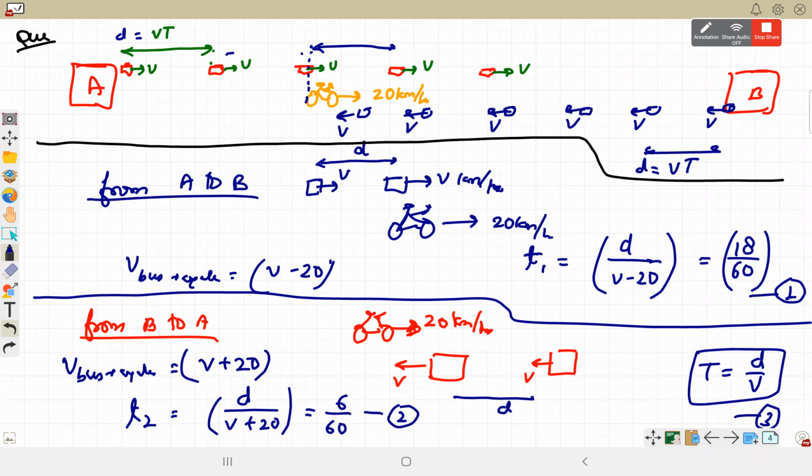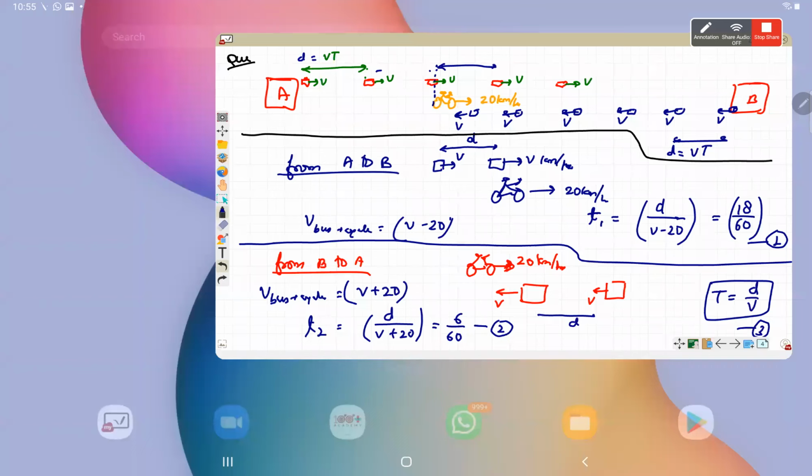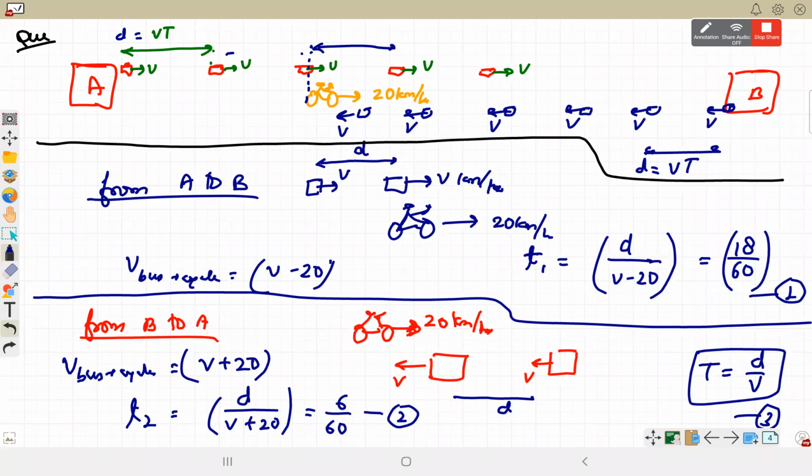Find the velocity, d in terms of v, and then we have to find d by v. Right? Got the answer? Did anyone get the answer now? We are doing it, sir. Okay.